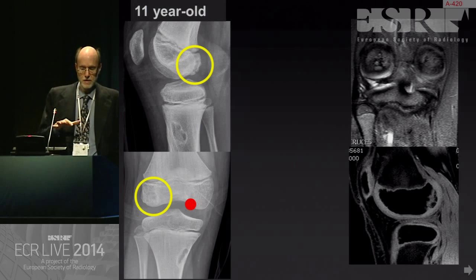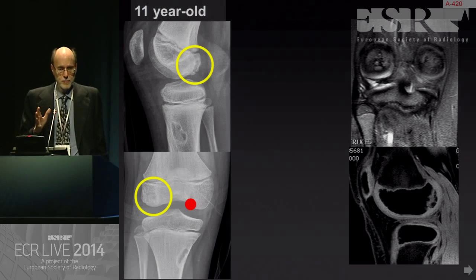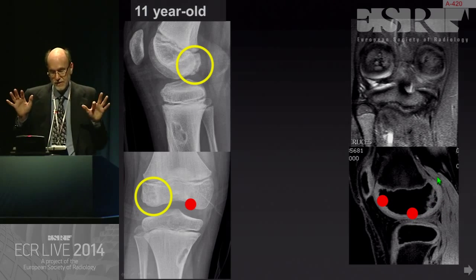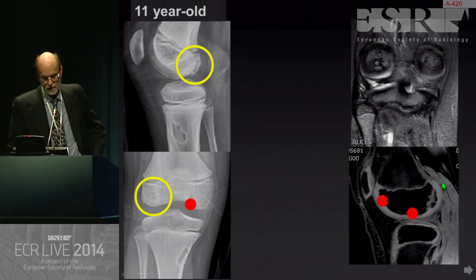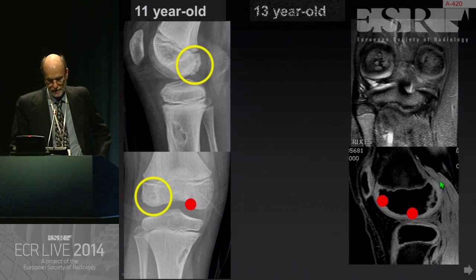Osteochondritis dissecans occurs in 85% of the cases in the medial condyle, and when it happens in the lateral condyle, it happens in the anterior part and at the inferior central part. Almost never, although never is very difficult to say, but almost never does it happen at the posterior part. So this is not an area of osteochondritis dissecans.